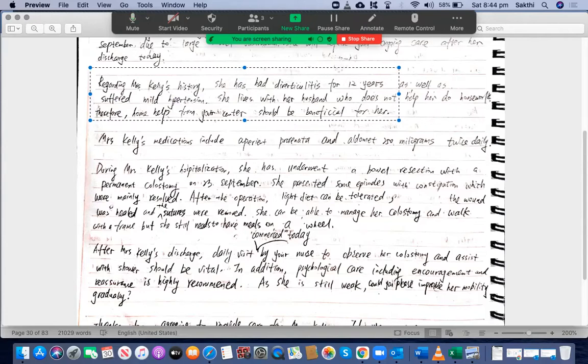I know. The reason why I put that one in this paragraph is because I really don't want to do the same things twice, one in the history department and one for the discharge plan department.